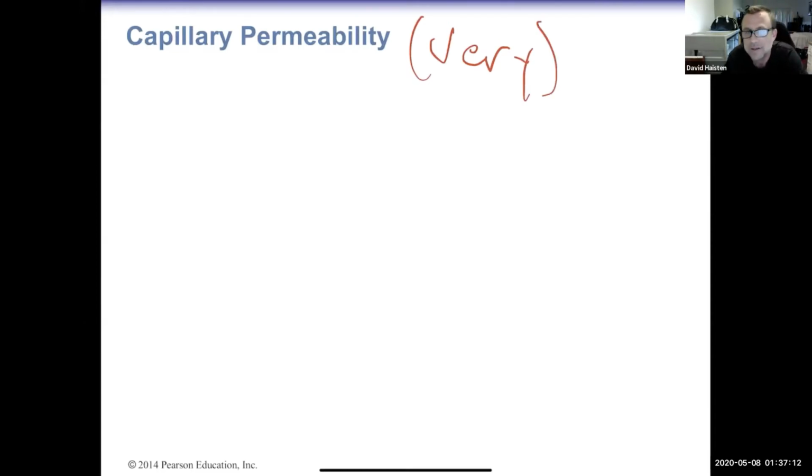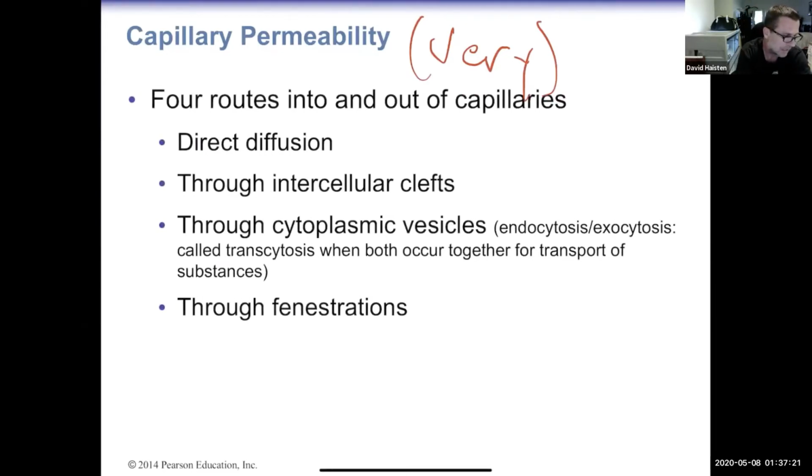Okay, here are some ways that things get in and out of your capillaries to your tissues. Four routes in and out. One, direct diffusion. Diffusion is the movement of molecules or substances from high to low concentration. That's how diffusion works. Like a dye getting dropped in water, it spreads out.